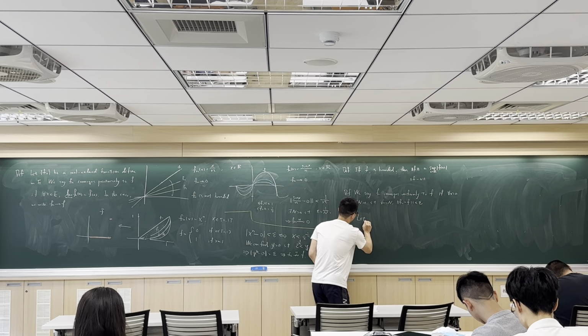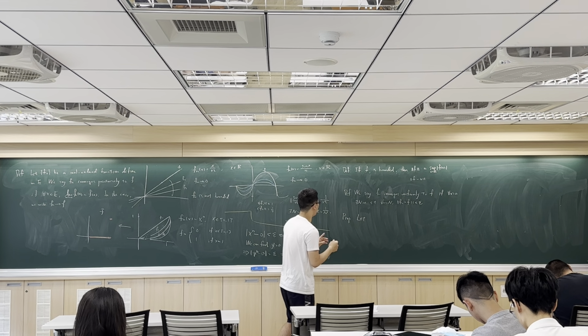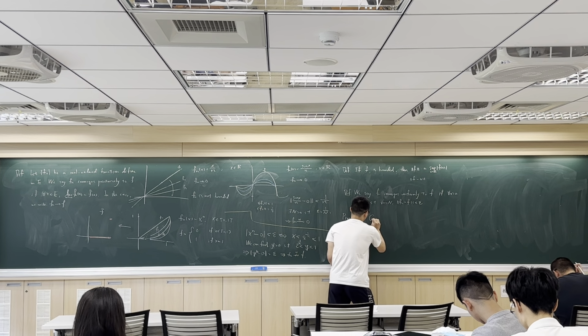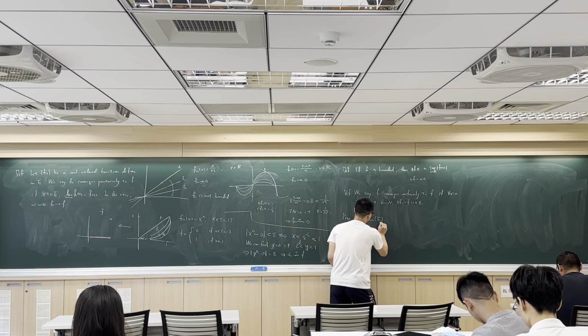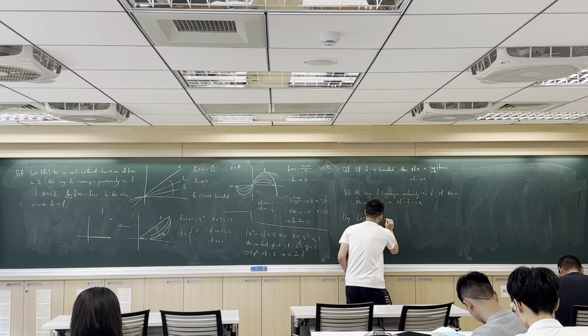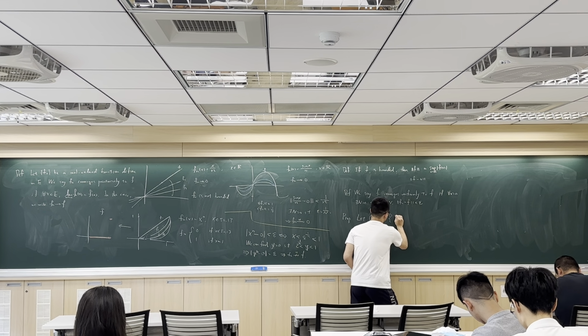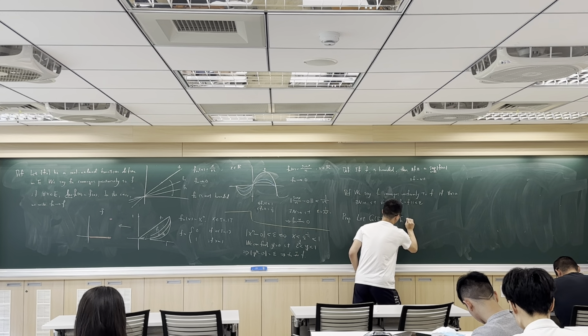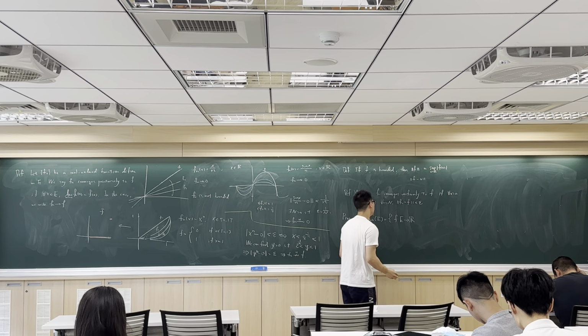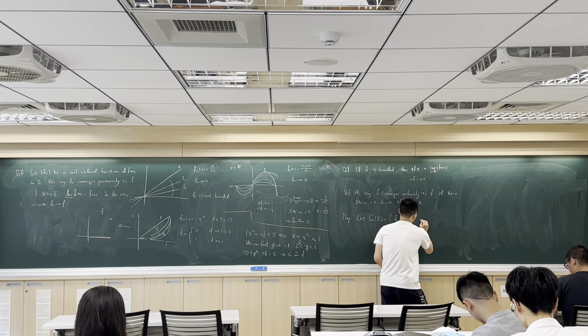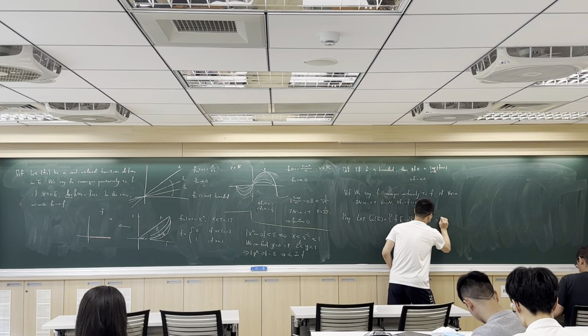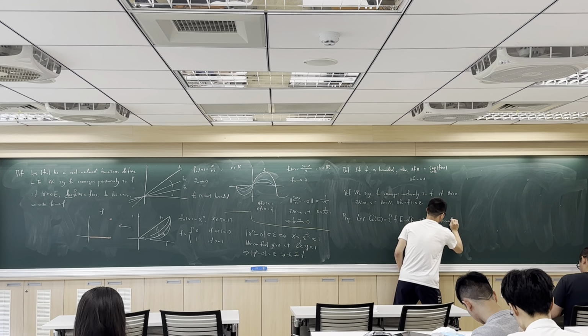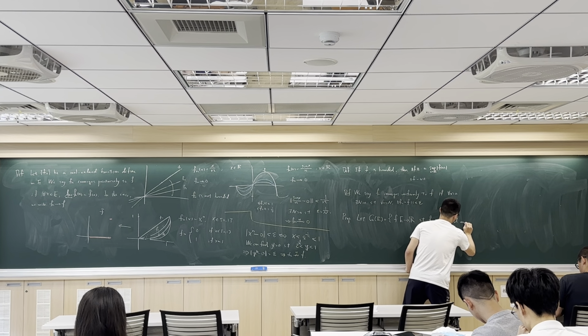Next, we define our function space. The function space CB(E) is equal to the real valued functions defined on E such that f is bounded and continuous.